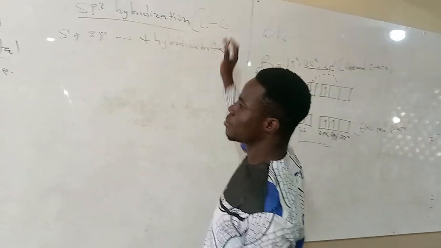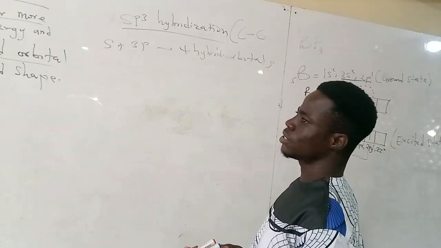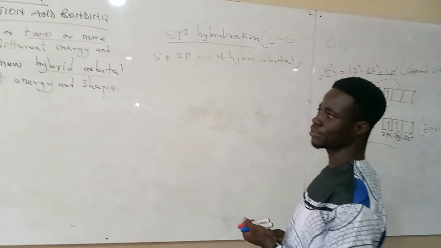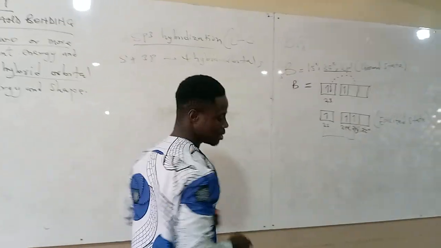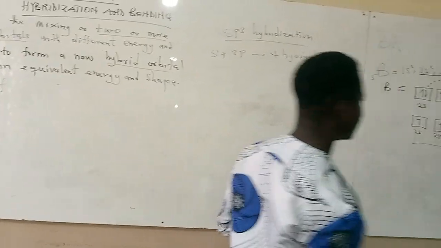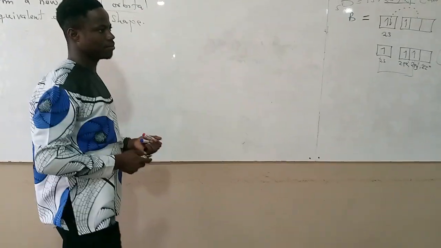In between the carbon-carbon, it's a single bond, so it has only a sigma bond. There are no pi bonds here. So the bond existing here is a single bond. That of sp hybridization is a triple bond, and sp2 is a double bond.